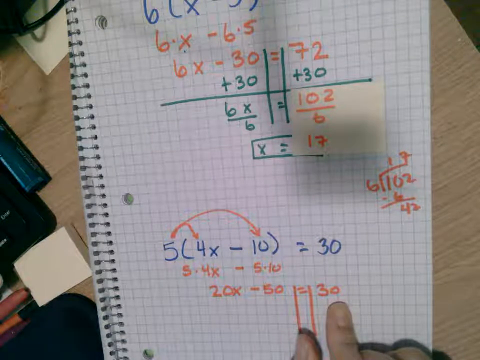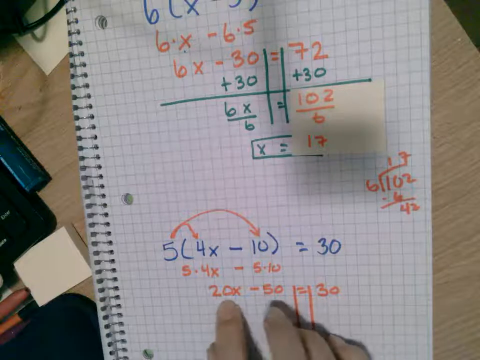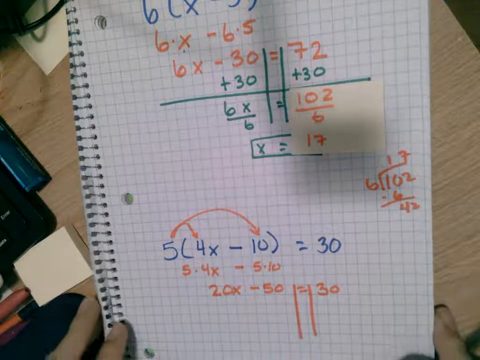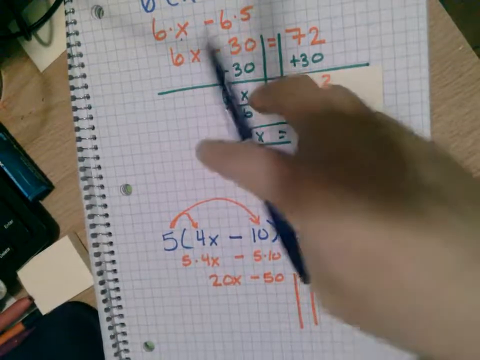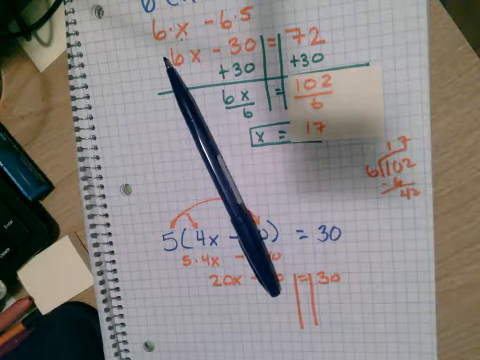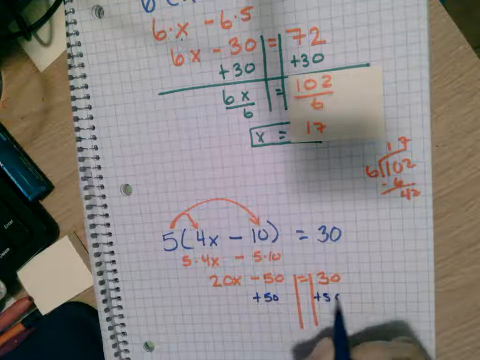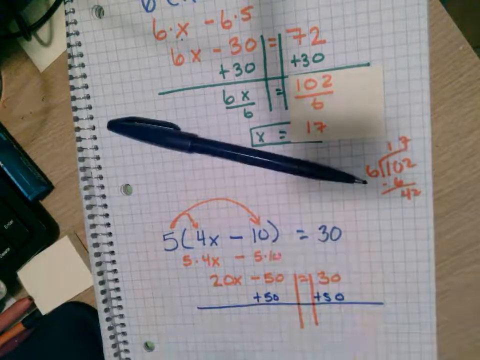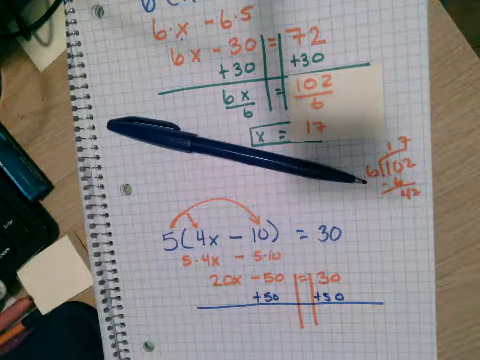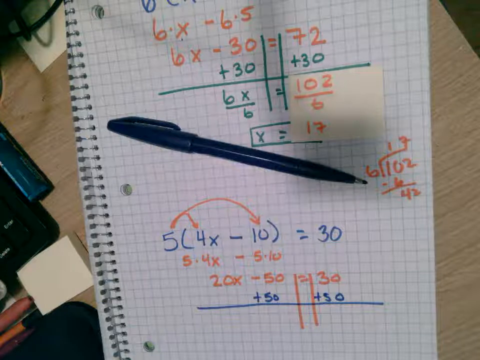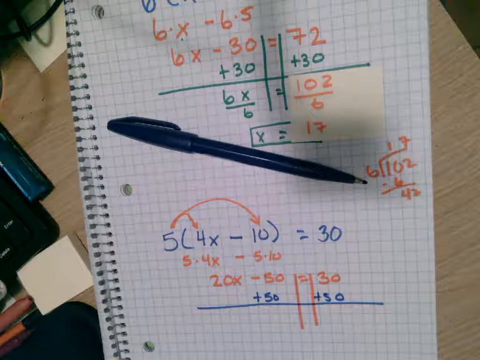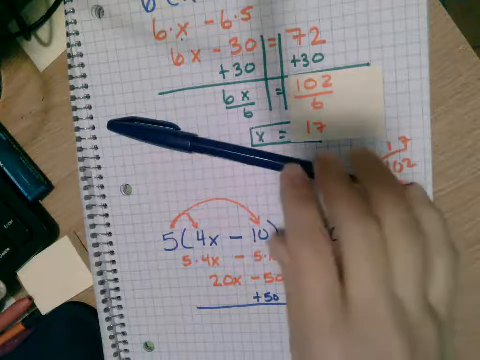So what number do I move first, the 20 or the 50? The 50. So you're going to move the 50 first by adding 50. Okay, hopefully I don't make a mistake.